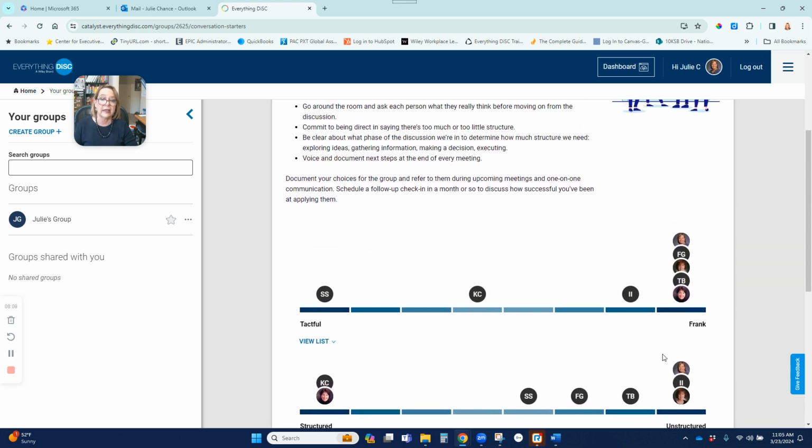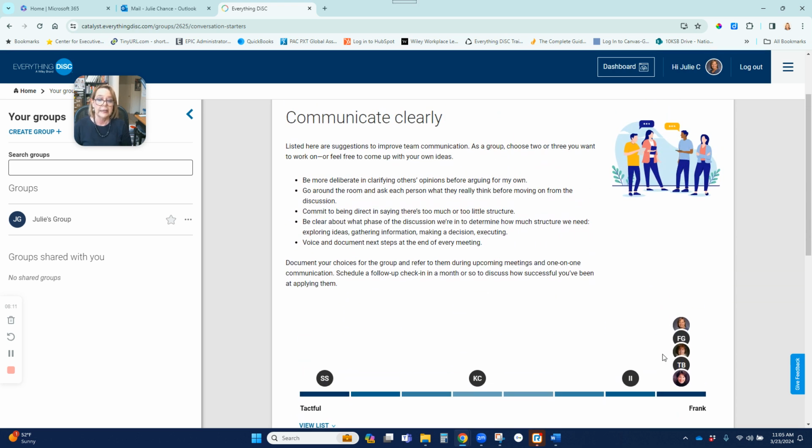And then you click the next one, it shows both continua, and it gives some ideas about how to improve team communication. So as a group, you can look through these, you can choose two or three that you want to work on, or come up with some of your own, document those choices, and then refer to them and come back to them during group meetings and during one-on-one conversations.